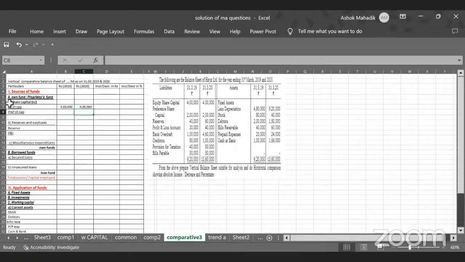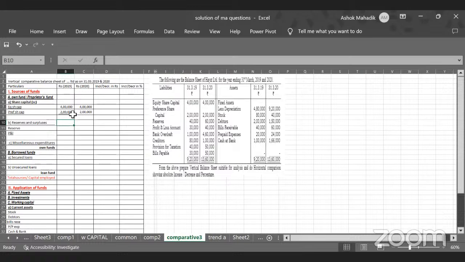So we started with share capital first. Under share capital, we have 2 share capitals, equity 4 lakhs each, and preference share capital 2 lakhs each, in both the years. Then after capital, we write reserves. Reserves will include general reserve, P&L, capital reserve, anything ending with reserves or fund.